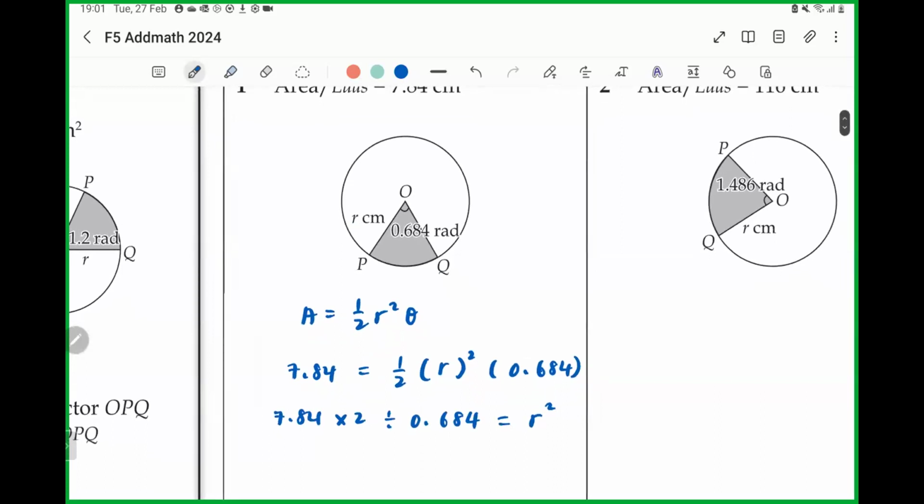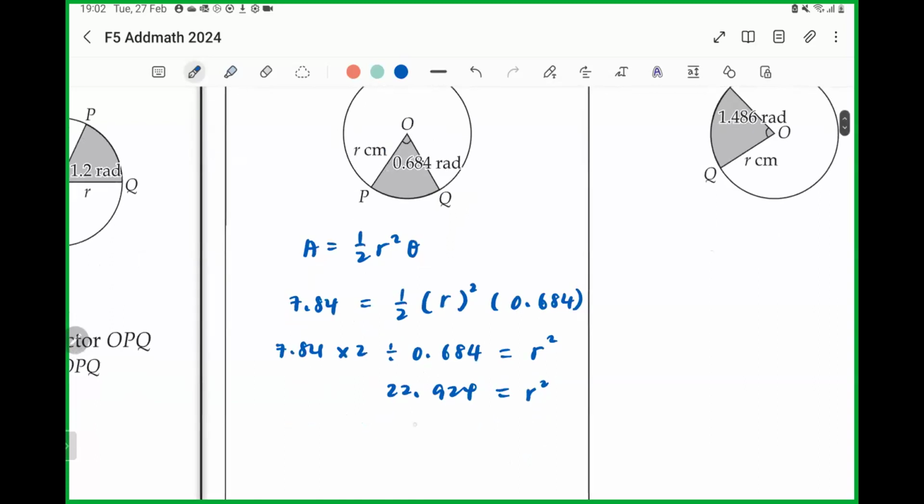So 7.84 times 2 divided by 0.684, you'll get 22.924 equals r squared. So in order to get the r, you do square root. Square root, answer 4.7879.